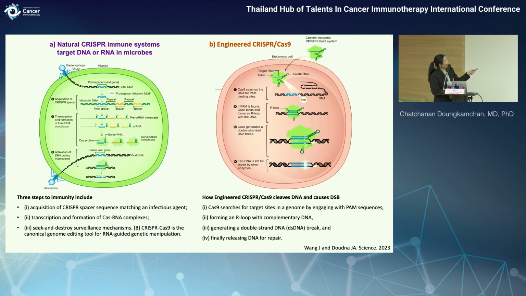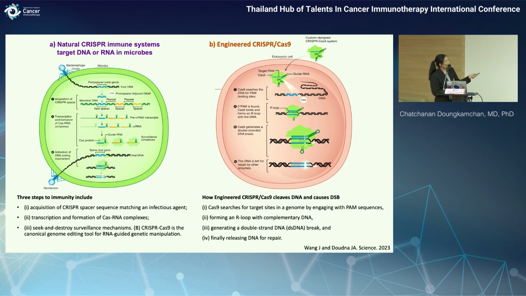So this is the bacterial cell, and when it's infected by the bacteriophage virus, its unique sequence of the phage virus called protospacer will be incorporated into the genome of the bacteria. And this spacer is flanked by repeated sequence.